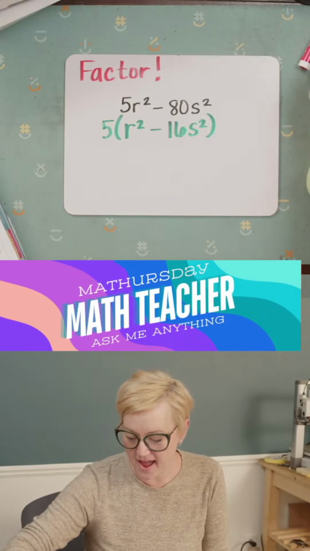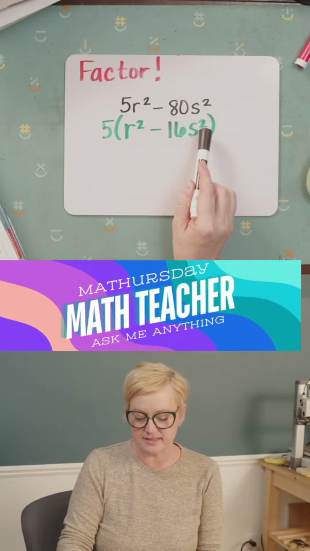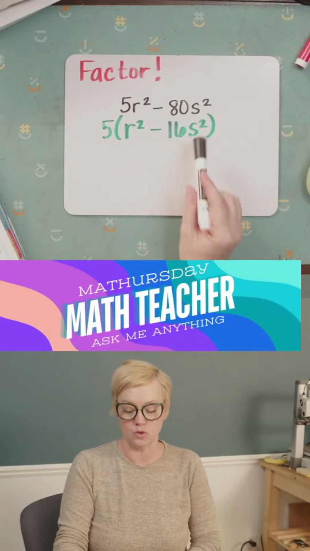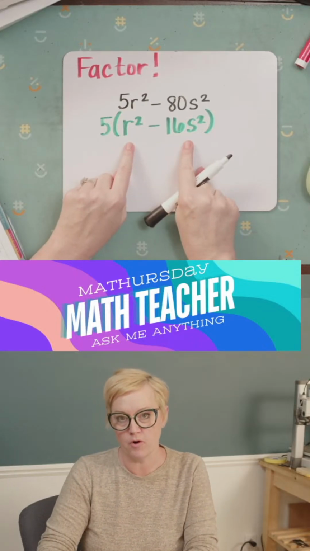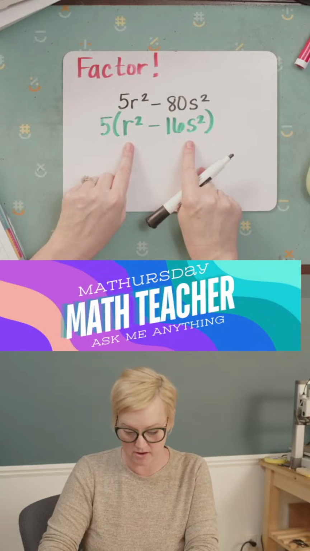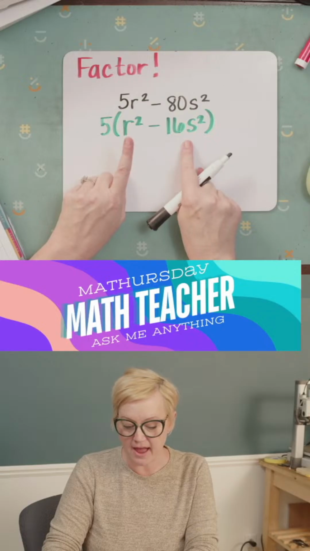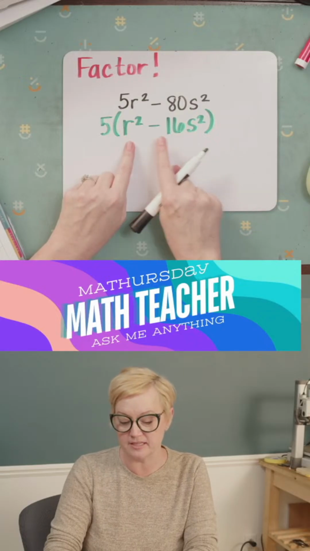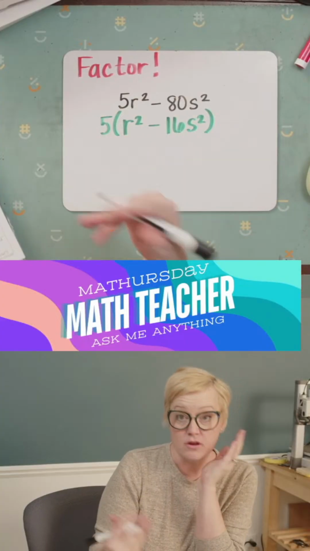Now when I look at this, I've got r squared minus 16s squared. The fact that these two terms are both perfect squares means that I can use something called the difference of squares. The difference of squares is where, when you have two perfect squares that are being subtracted, you can factor them.